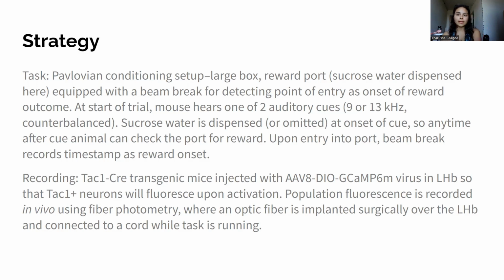And then we have this Cre-dependent calcium sensor where, in these Tac1 neurons, when they're activated or passing on an action potential, they'll take in calcium, and that will cause these neurons to fluoresce. And so we have a fiber implant that sits over the lateral habenula that will pick up the population fluorescence levels, and that's our proxy for neural activity. But we're able to record it in vivo while they're running through the task.